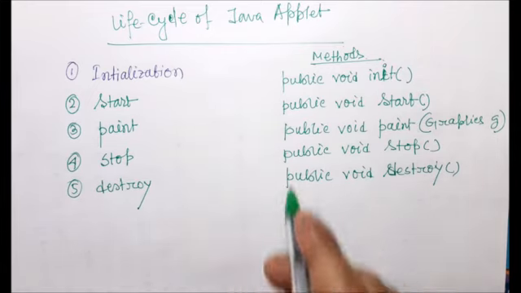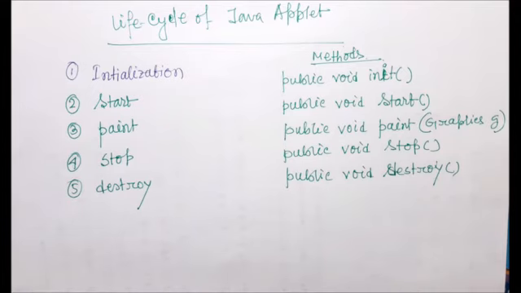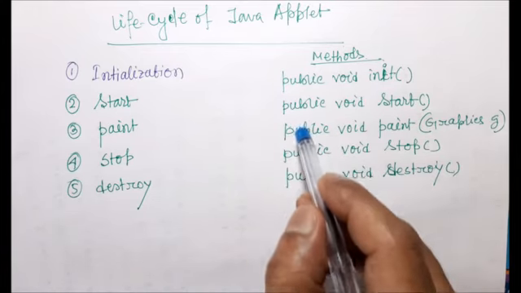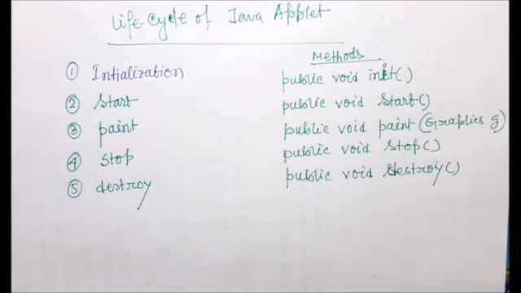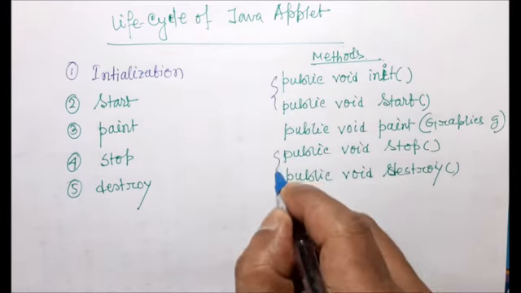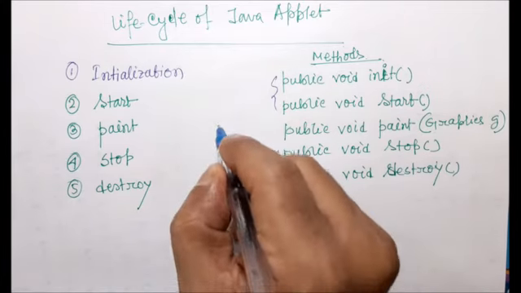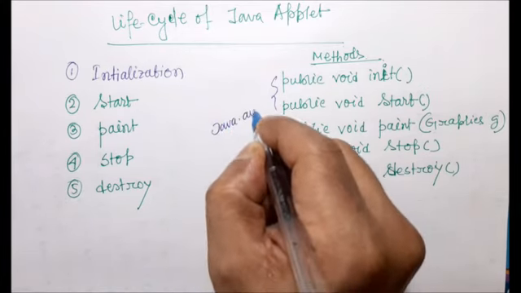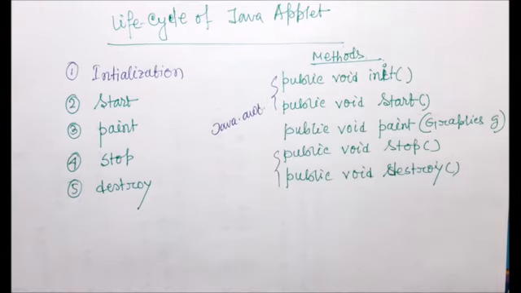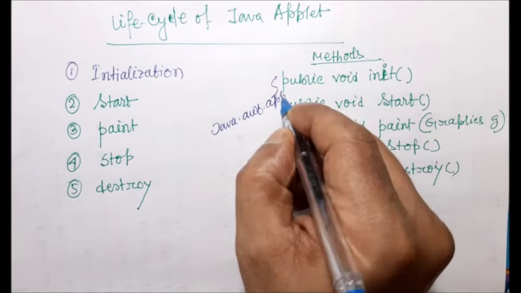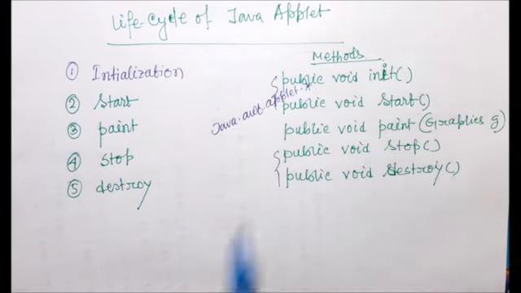And here are all of the methods corresponding to each of the states. So the first state is called initialization. So we have 1, 2, 3, 4, 5 states. Out of 5 states, these 2 and these 2, that means a total of 4 methods belong to java.applet.*, and java.awt stands for Abstract Window Toolkit. And this one, only one, belongs to the Component class.